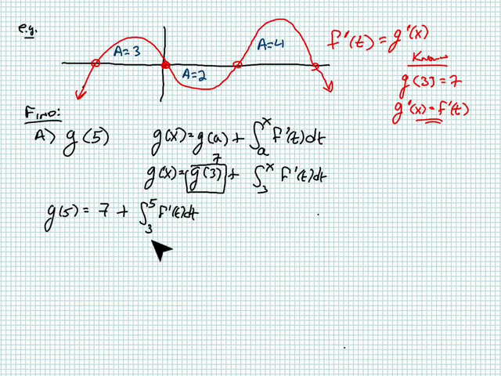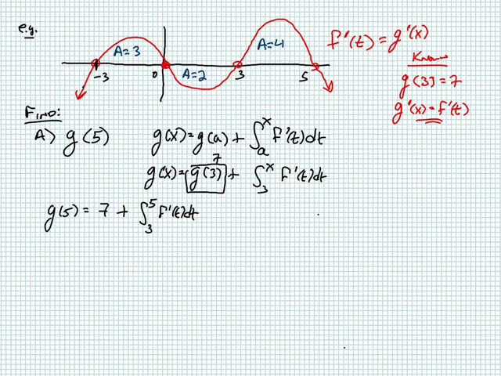And this definite integral I can find by looking at the area, because this is the integral of f prime of t, so this is going to be the area bound between 3 and 5. And I should put some x values on here. So let's say this is x equals minus 3, x equals 0, x equals 3, and x equals 5. Okay, so if the integral is from 3 to 5, then it's going to be this area in here, which is 4.